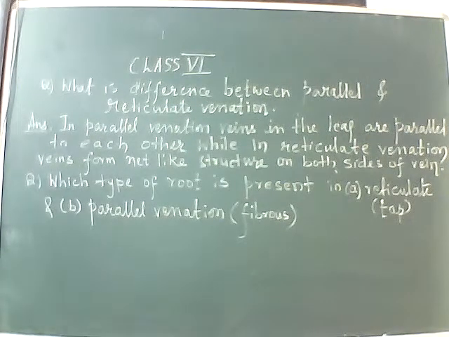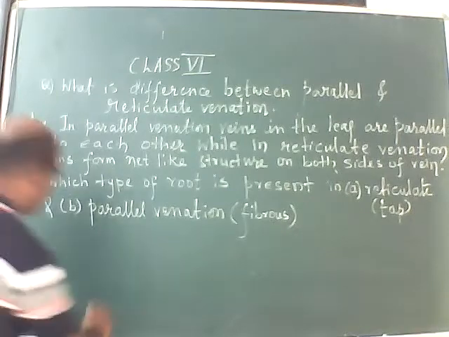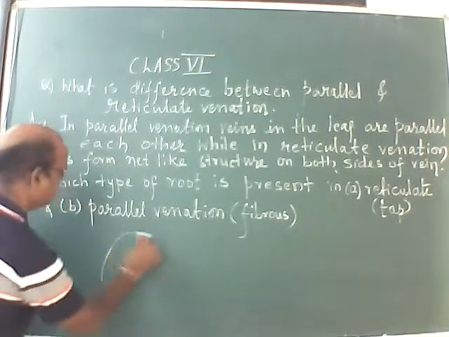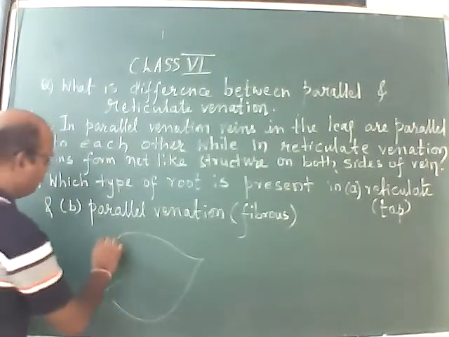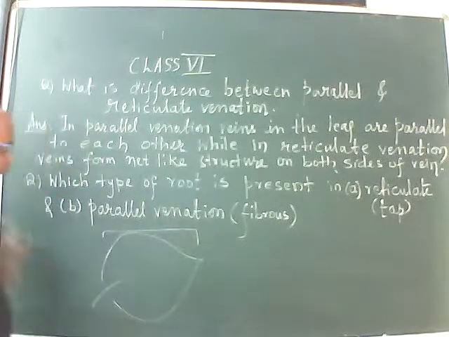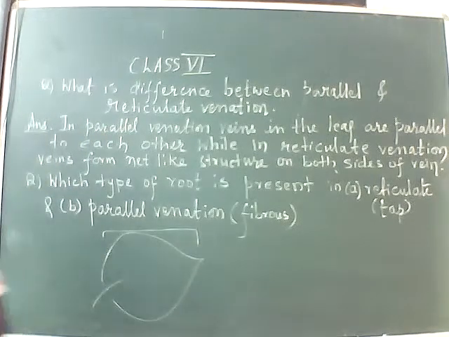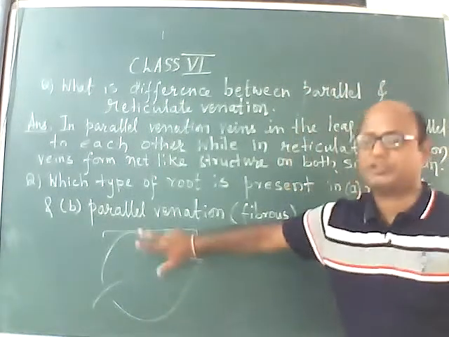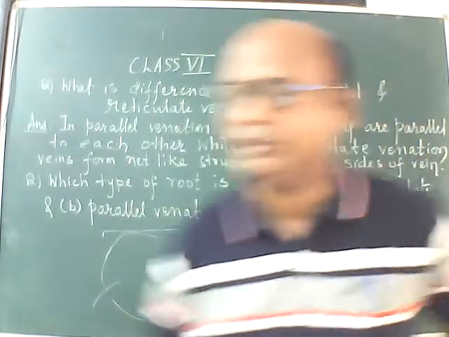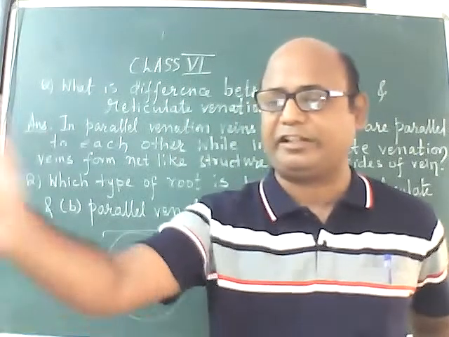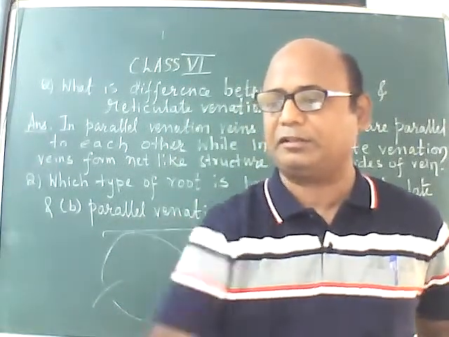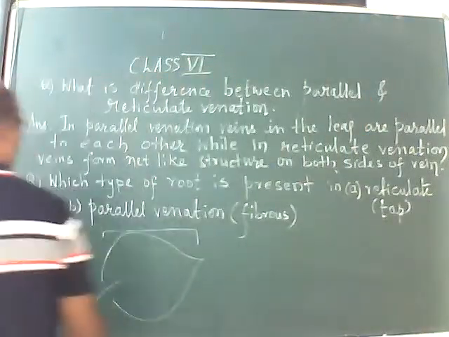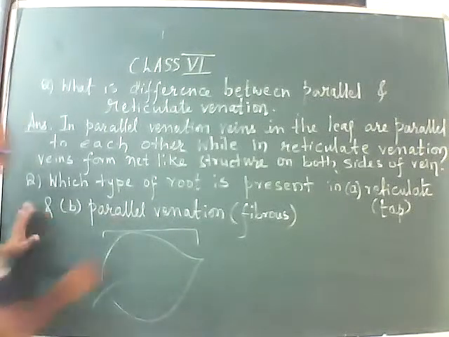Then the next question is given in the exercises. Suppose this is the leaf. What is this broad green portion of the leaf called? Yes, Janvi gave a very correct answer. Very good, beta. That is called lamina.